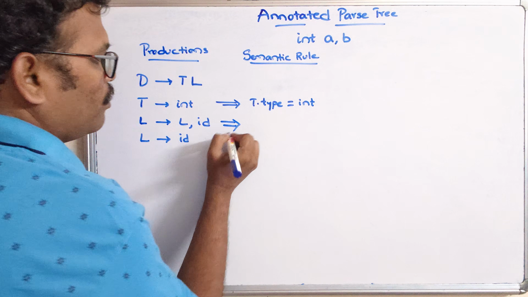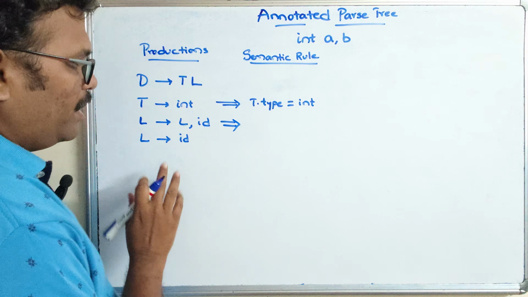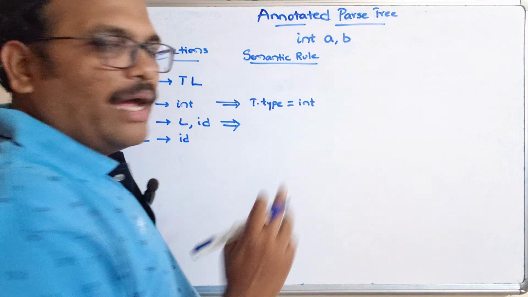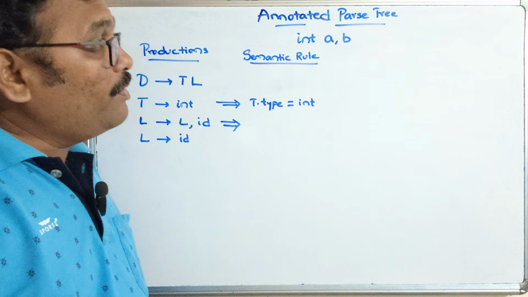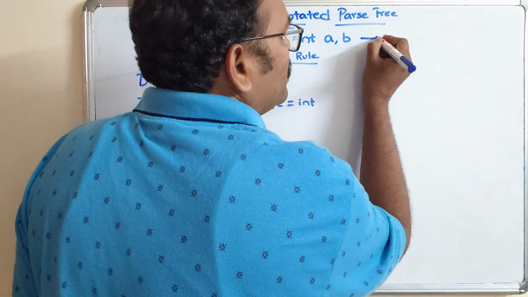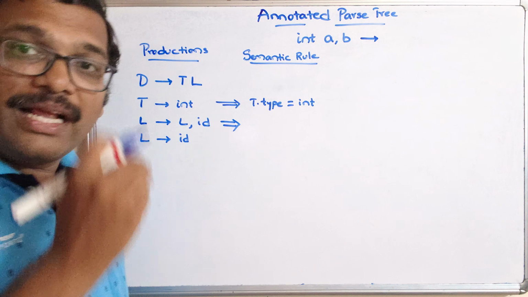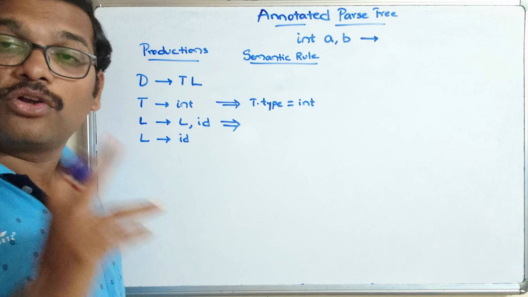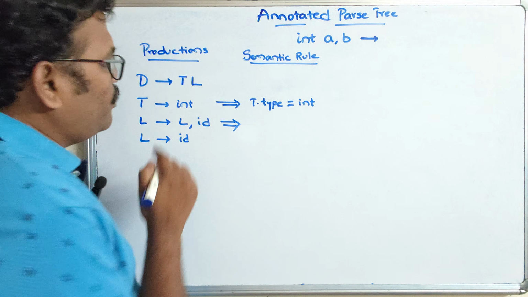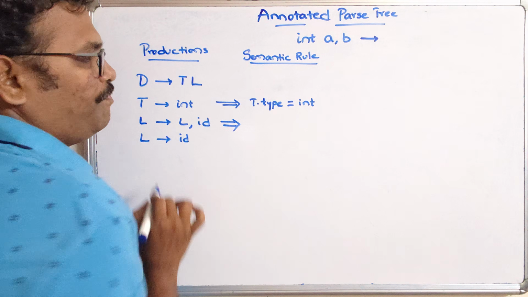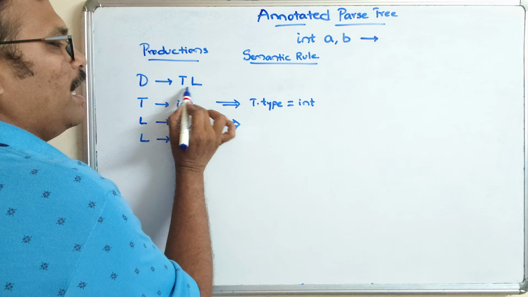Here a and b are identifiers. What is the meaning of this statement? It is the declaration of two variables, or two identifiers, which are of integer data type. So here you can see T and L.